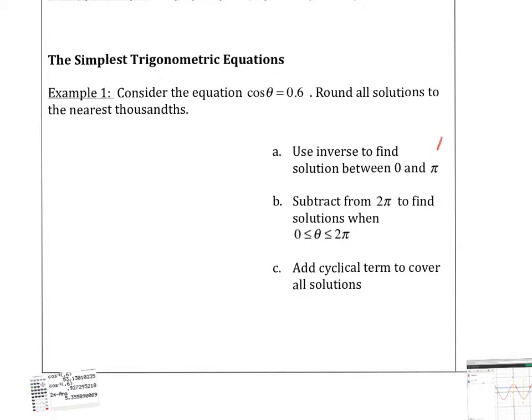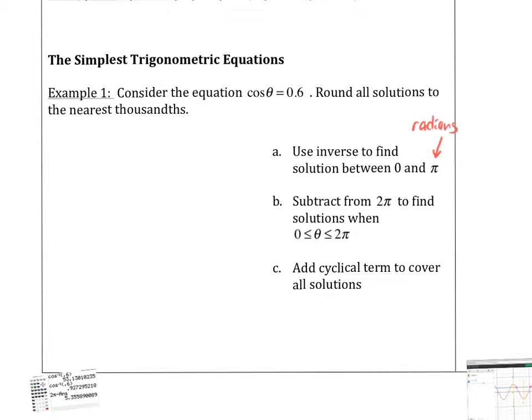By the way, since I see the pi, I can safely assume I'm using radians. If it said 0 all the way to 180 degrees, then in that case you would say degrees.